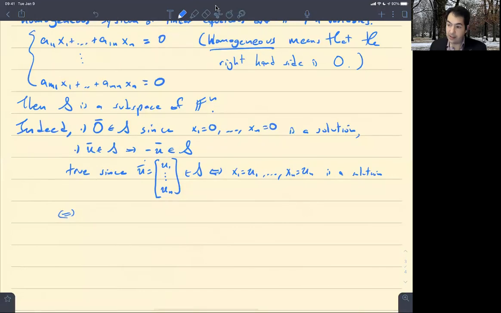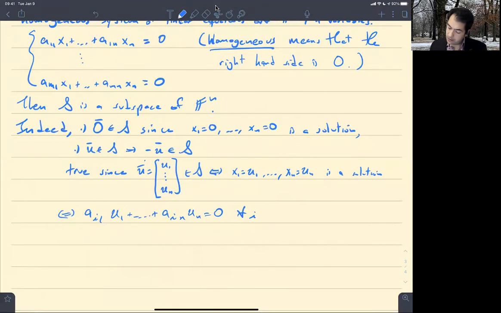That's the same as saying, let's look at what happens in the ith row: ai1 u1 plus ... plus ain un equal to 0. This is for every i. This is saying that the ith equation is satisfied.